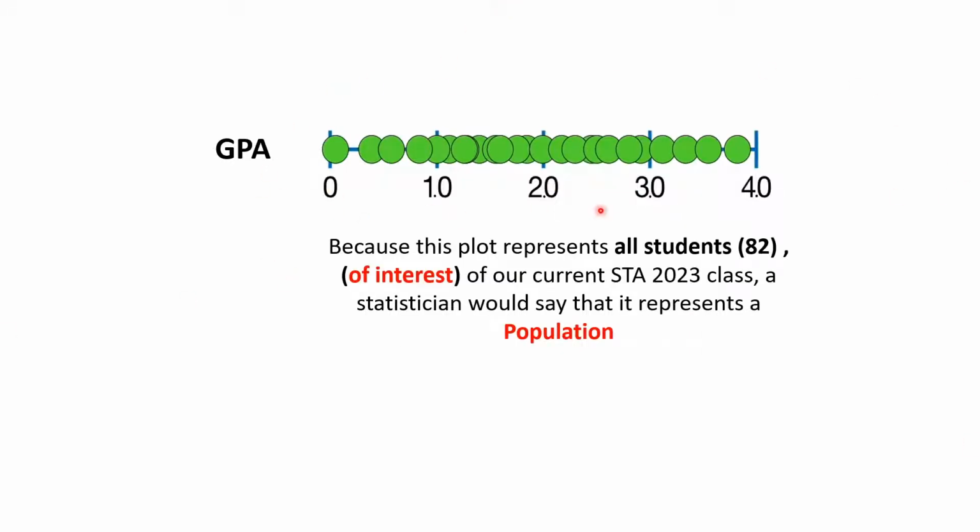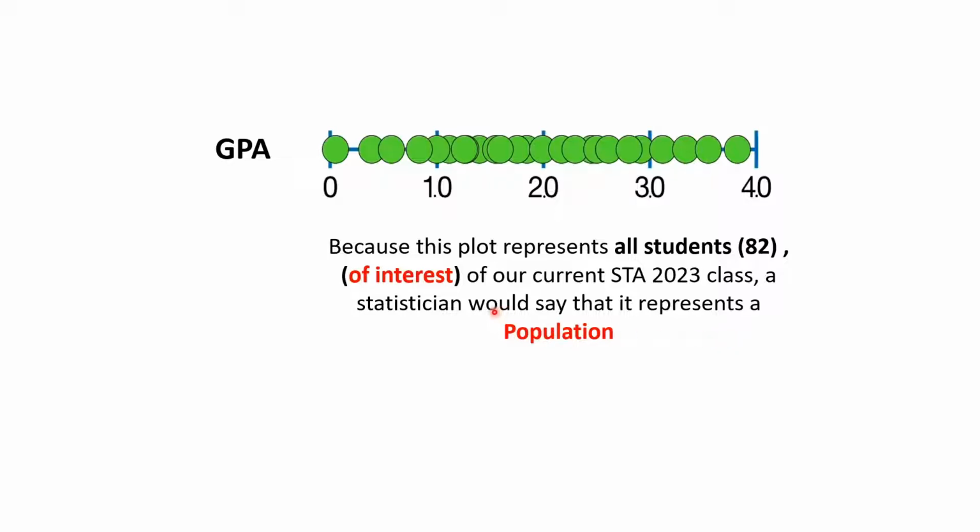So this is a plot, and because this plot represents all students of our interest, which contains our current STA 2023 class, a statistician would say that it represents a population. But be careful.